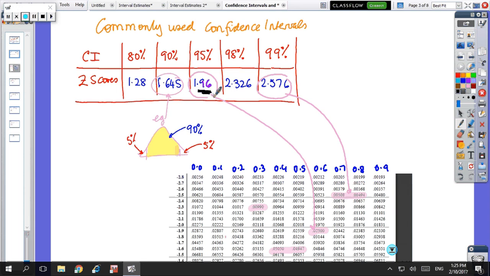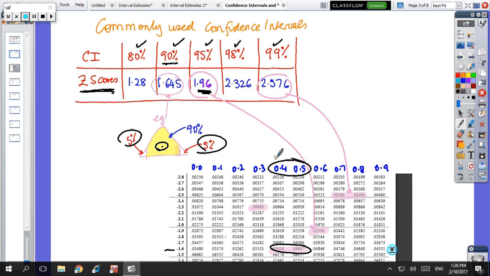If you want 80% confidence, or 90, or 95, or 98, or 99, here are the Z-scores. Where these numbers come from is, for instance, with 90% confidence, which is 90% in the middle, you have 5% at either end. So halfway between those table numbers, you get minus 1.645. Again, I've shown where the other numbers come from in the table.